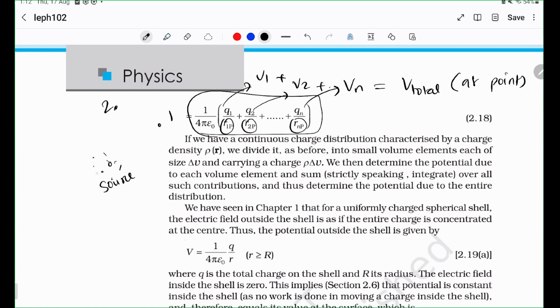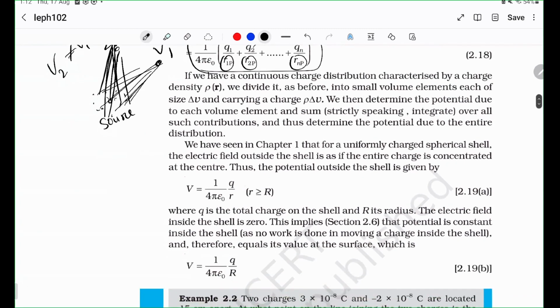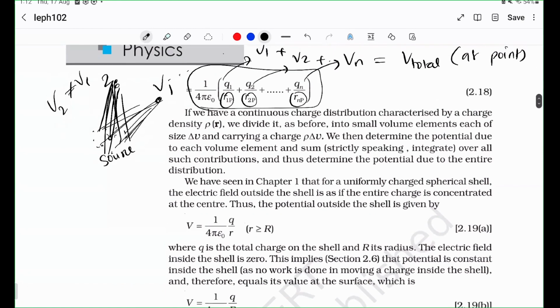The source could have multiple charges, and all of those distances contribute to the potential at 1, and it's just a summation of all of them. But here, all these distances are very different, so this potential is going to be totally different. In a general case, if you argue that it could be the same, yeah, it could, but it need not necessarily. That's what I'm saying.